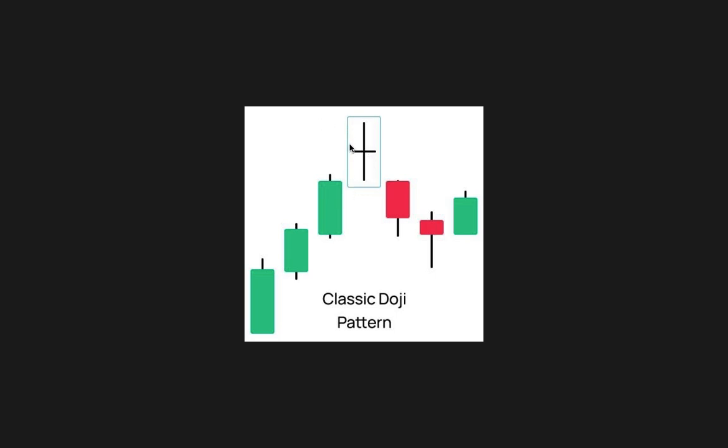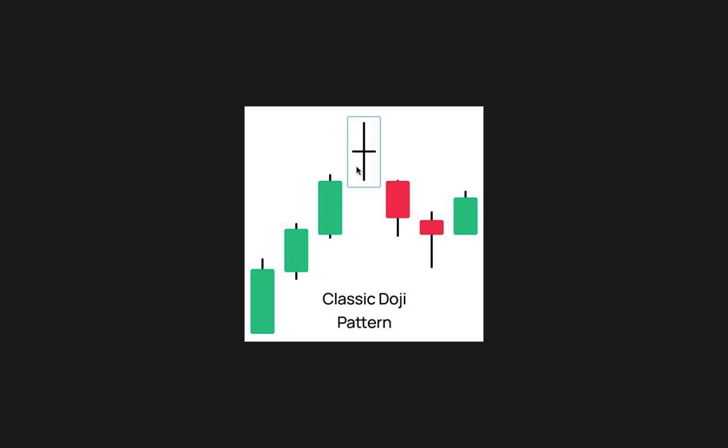Now when you spot something like this, it means the market is at an equilibrium zone. The buyers are not winning, the sellers are not winning. You can see that when the market starts moving up, then you see a doji indecision candle. The people buying and selling in this candlestick are not actually winning.